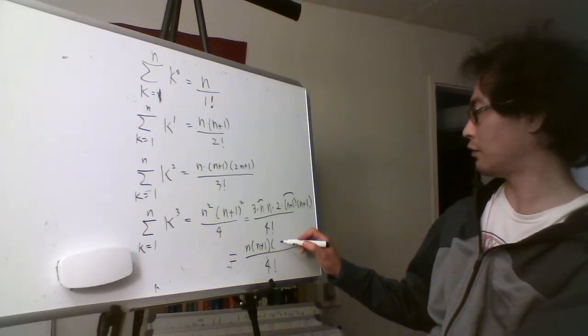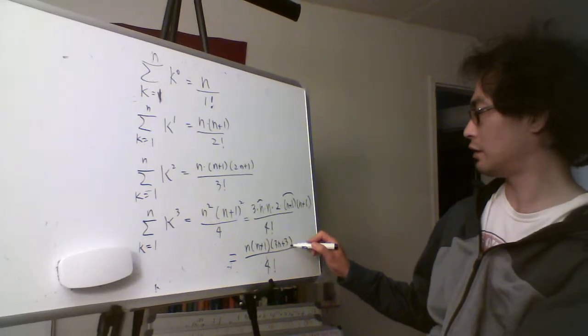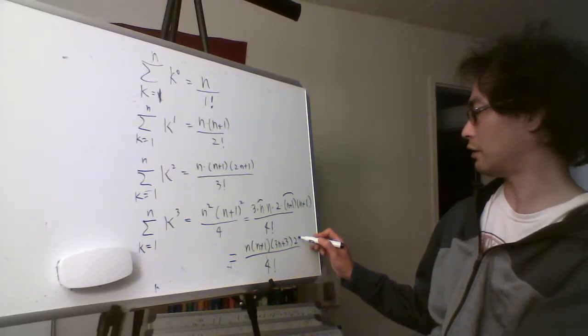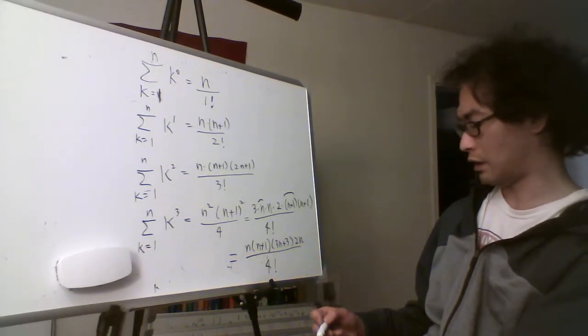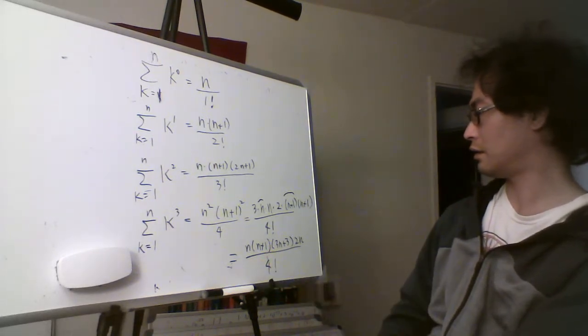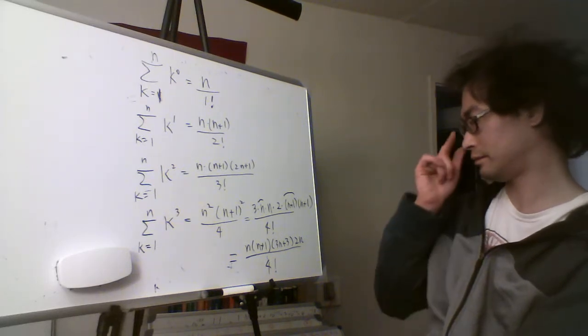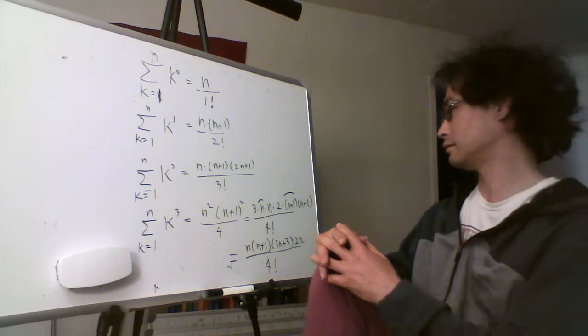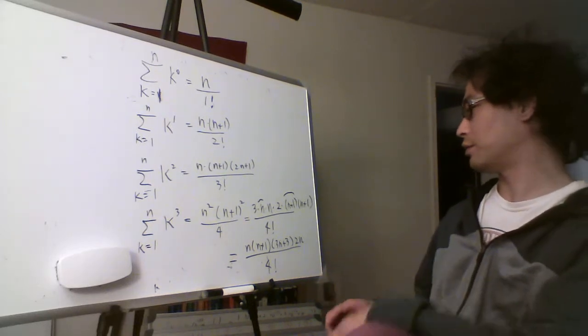Tentatively, 3n plus 3 multiplied by 2n. Well, it shouldn't be 3n plus.